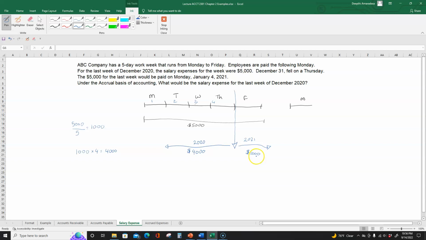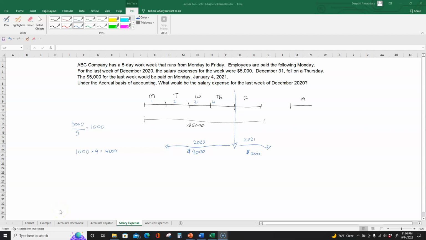So that was salary expense calculated using the accrual basis. When the company is recognizing the salary expense, remember this has not been recorded yet. They're going to record it when they pay it on Monday. But because we are at the year end and we are getting ready to prepare financial statements, they have to make that entry in the books of accounting.